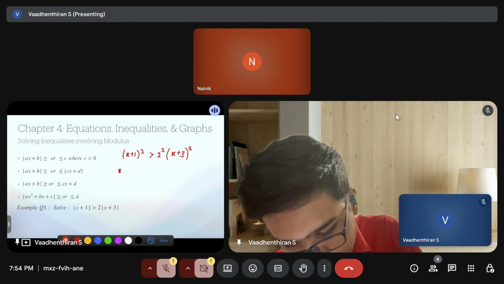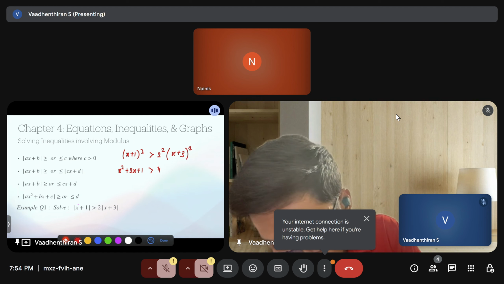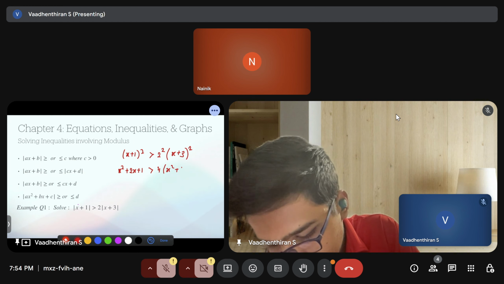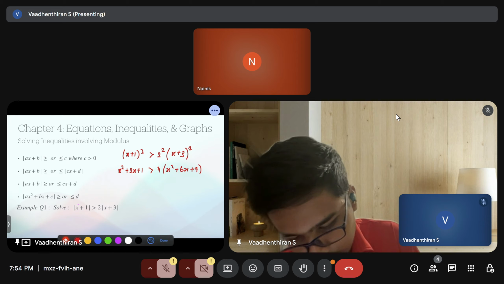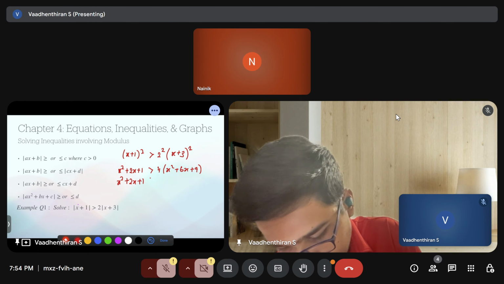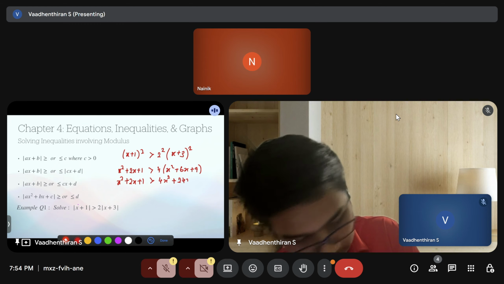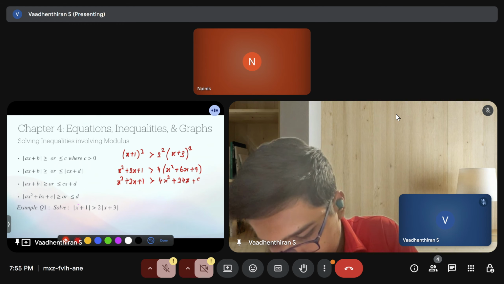So x squared plus 2x plus 1 is greater than 4 times (x squared plus 6x plus 9). And then you get x squared plus 2x plus 1 greater than 4x squared plus 24x plus 36.